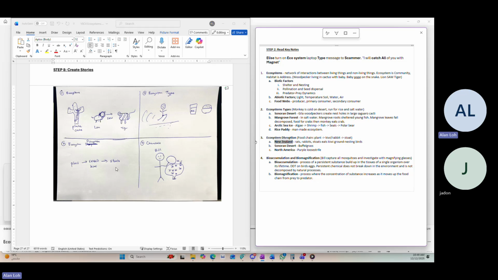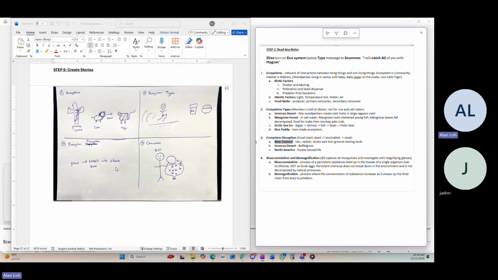Why did they need to kill the rabbits? Because the rabbits were growing so much and so fast that they were eating all the agriculture, all the farm plants planted by the farmer. So they took stoats from Europe with the intention to kill the rabbits.